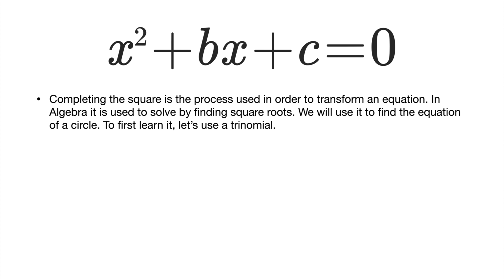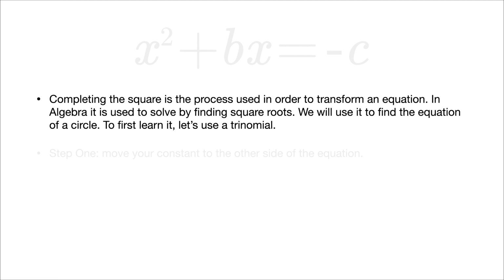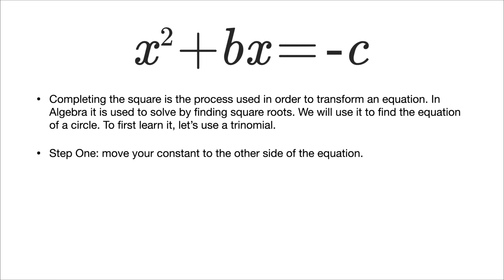But first, rather than having two different variables, I'm just going to use this trinomial to give you the basic process. Step 1 is that we have to move our constant to the other side of the equation, so we subtract c. Now we have to turn this x squared plus bx into a perfect square.